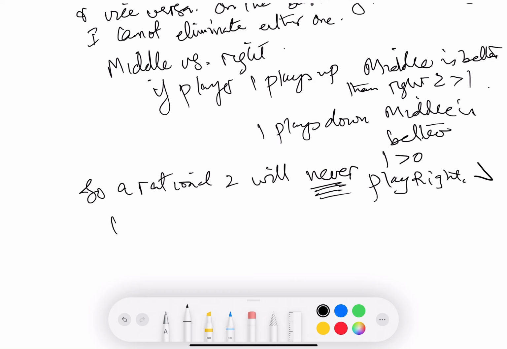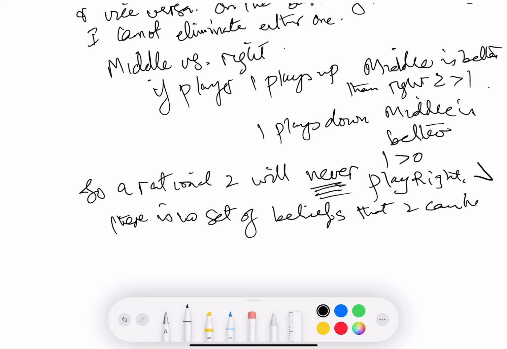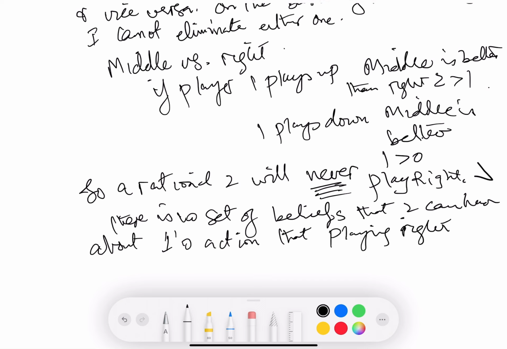I mean, there is no set of beliefs that 2 can have about 1's actions that make playing right a best response.